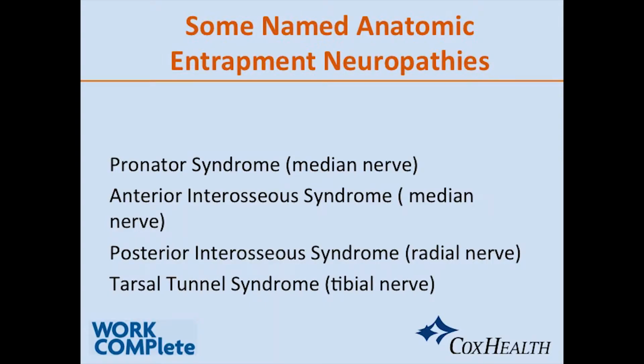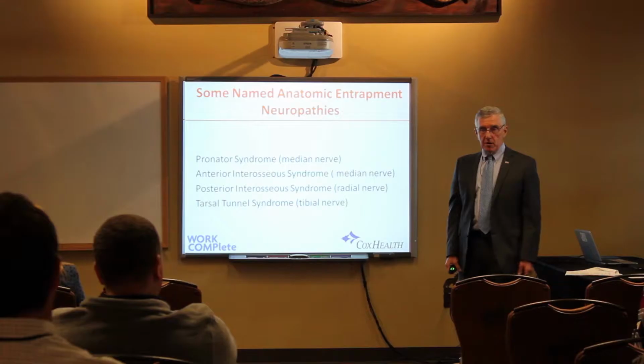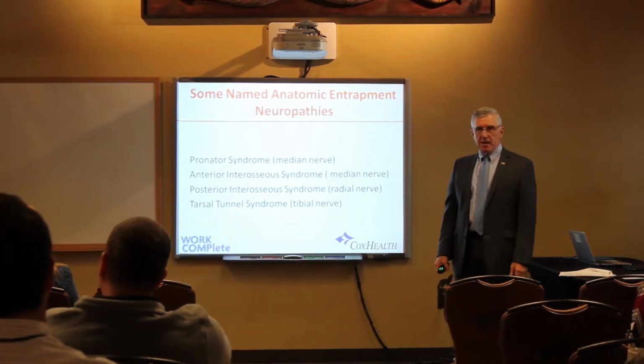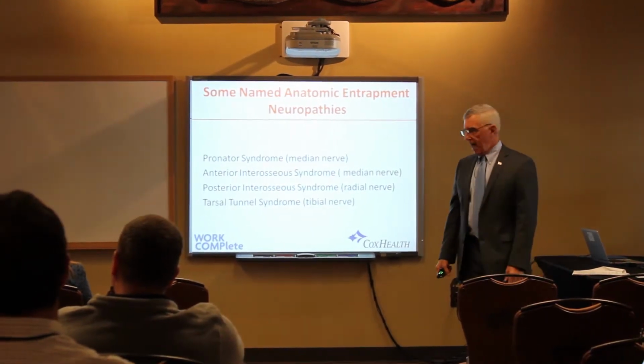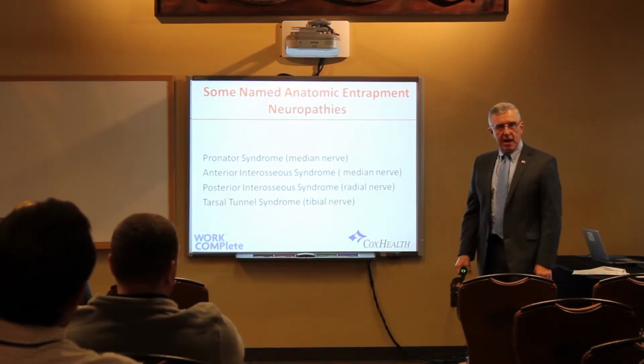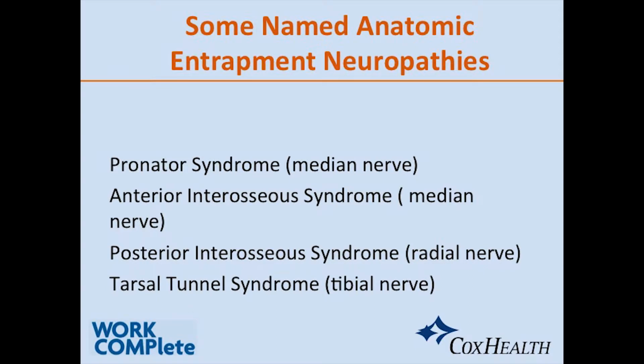Now, carpal tunnel syndrome is not the only named compression syndrome in the body. The carpal tunnel involves the median nerve. There are three nerves that go to the forearm of the body. It's the median nerve, the ulnar nerve, and the radial nerve. The median nerve traverses the carpal canal, but more proximally in the forearm, you can have compression on that median nerve, and that will be called the pronator syndrome.